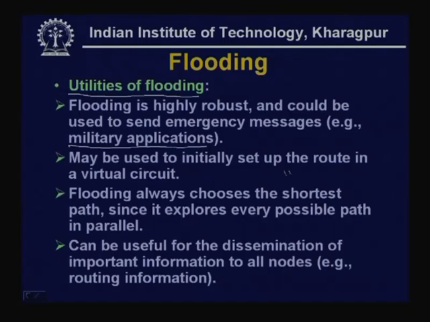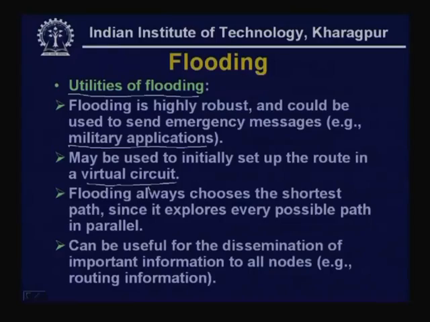Then it can be used to initially set up the route in a virtual circuit. As we know, in the virtual circuit, initially a route is set up. The question arises how it will be set up. It can take help of the flooding algorithm to find the best possible route.